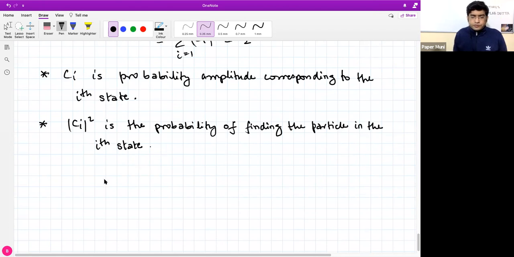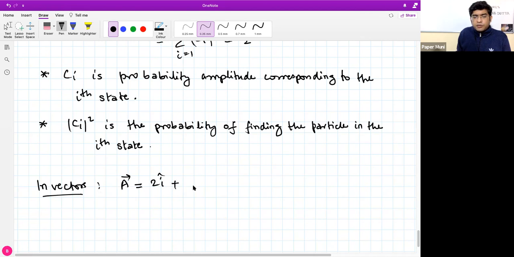Now just think of it like this, taking an example in vectors. Say we have a state A written as 2 i cap plus 3 j cap plus 4 k cap.